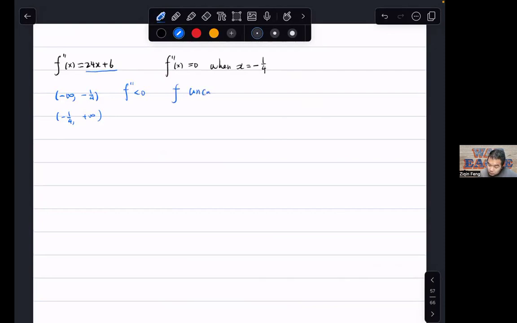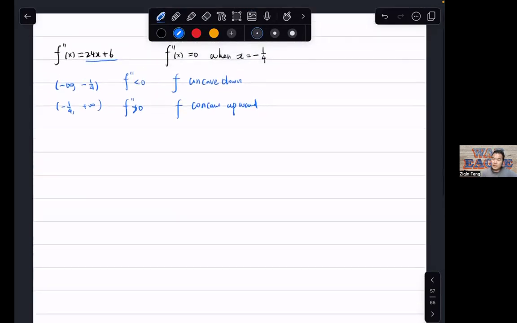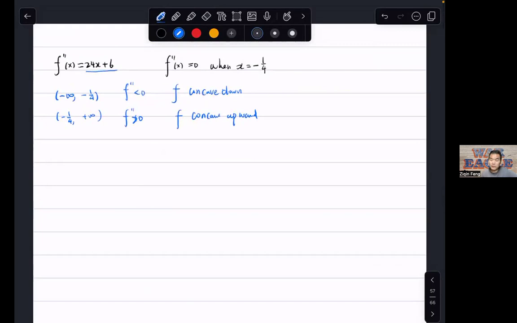The graph of f is concave down. And when x is greater than -1/4, f double prime of x is positive, then f is concave upward, right? And so you get concave upward and concave downward.